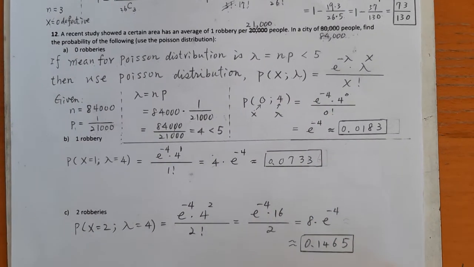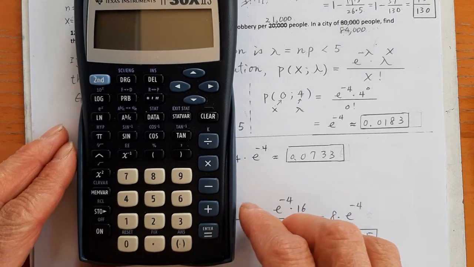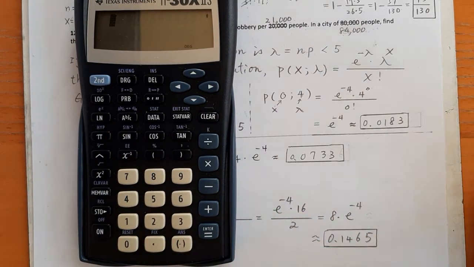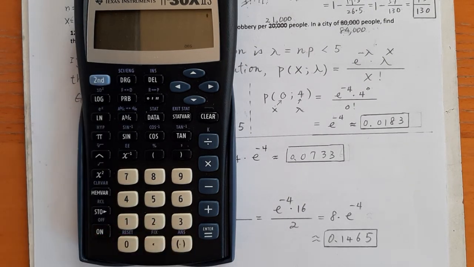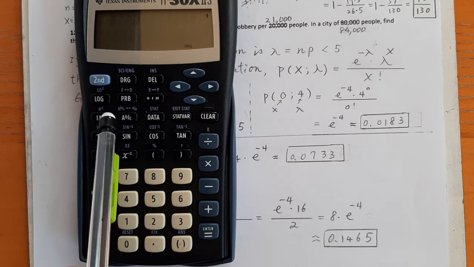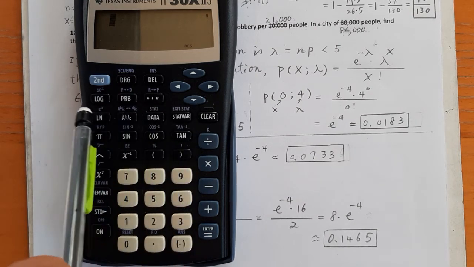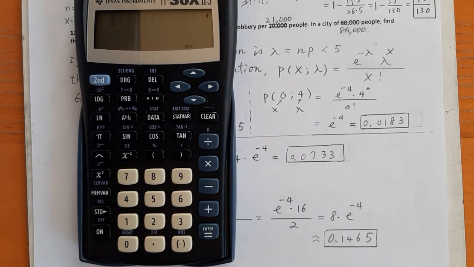Use the calculator to get it. On the calculator you look at E. The second function color is light blue, and here is the e to the power x key in blue.